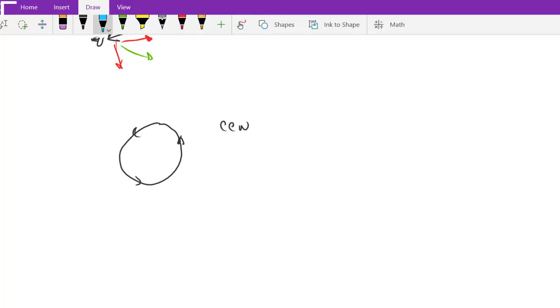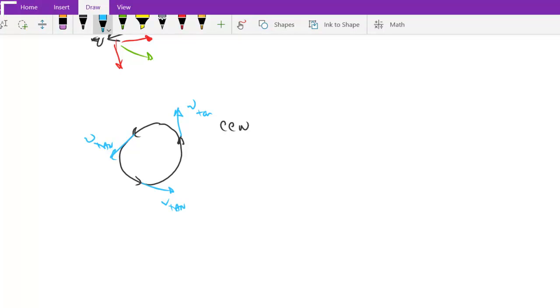If this string were to break at any point, the rock would fly off in a straight line like this. So this is our instantaneous velocity. It's actually a tangential velocity at any point. So the velocity at any point in the object's path is tangential to this path. So it's always a tangential velocity here.